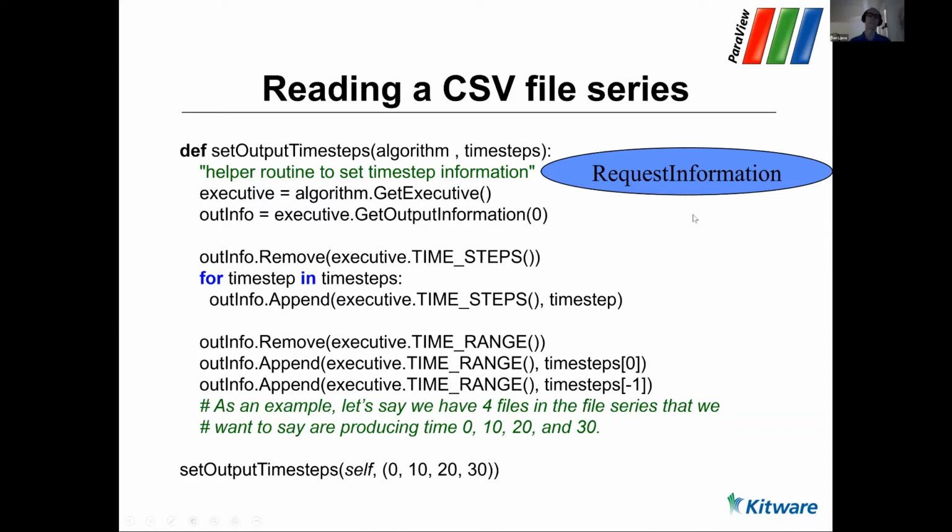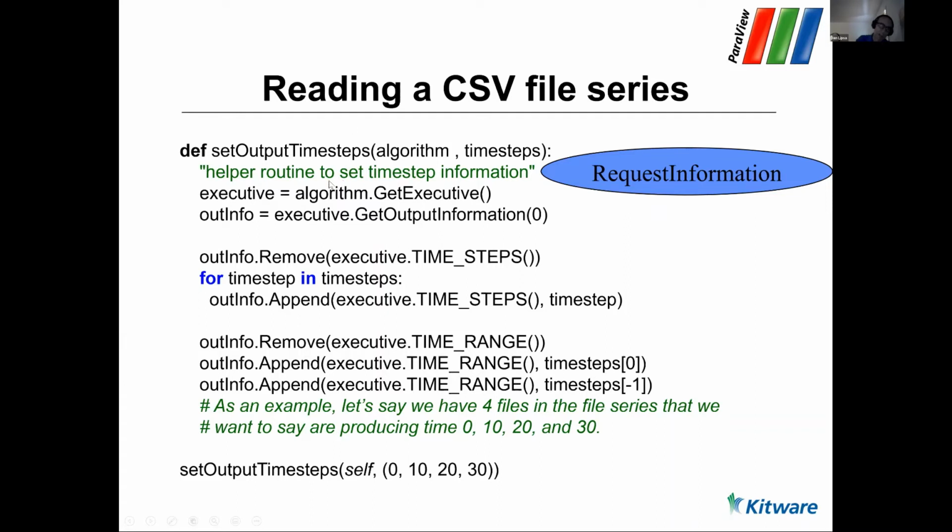This is the request information. Let's see what we do here. We define a function and then we call this function. Basically what we need to do is specify to the pipeline that we have 4 time steps with time values 0, 10, 20, and 30. And that's what we do.